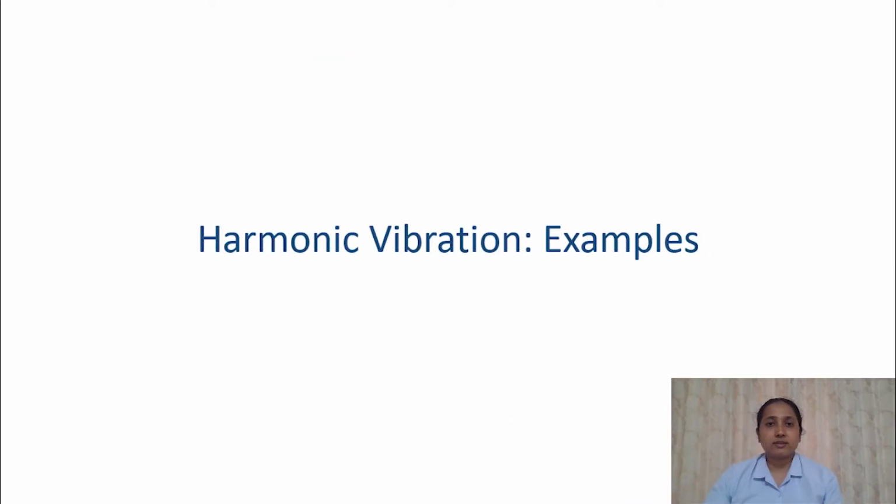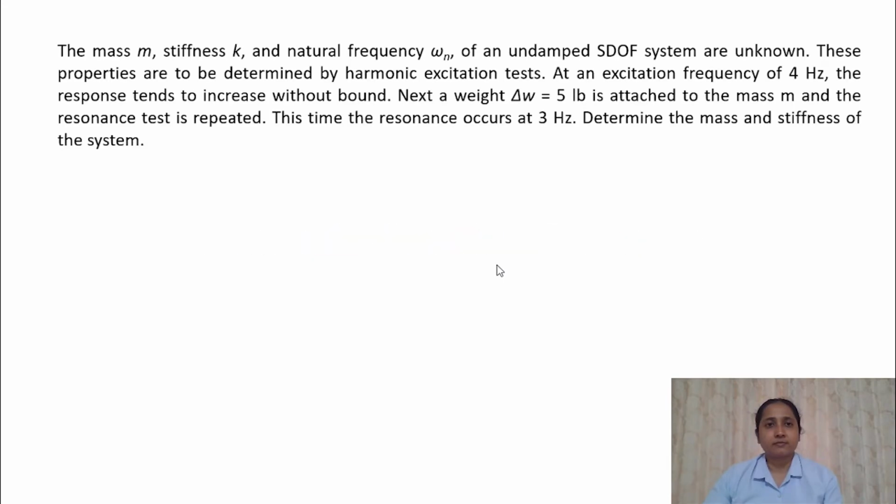Now let's see some examples of harmonic vibrations. In the first example problem, the mass m, the stiffness k, and natural frequency omega n of an undamped single degree of freedom system are unknown. These properties are to be determined by harmonic excitation test.